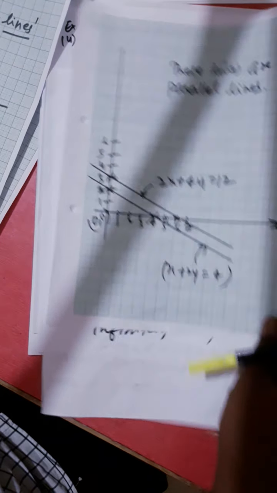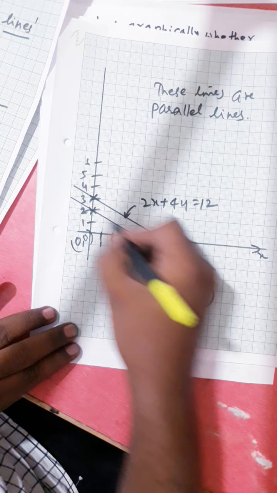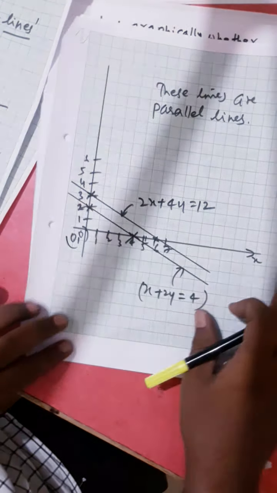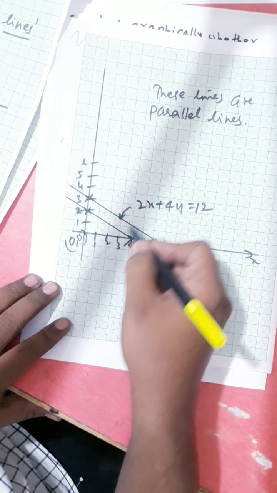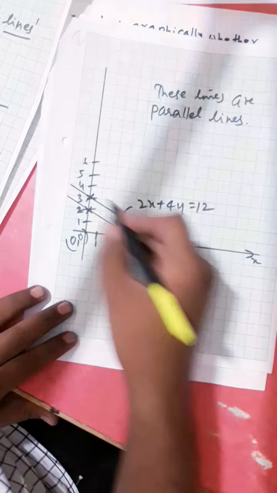If they are parallel to each other, then there will be no common point for these equations. They are not intersecting, they are not coincident, but they are parallel. There is no common point which lies on both the lines.